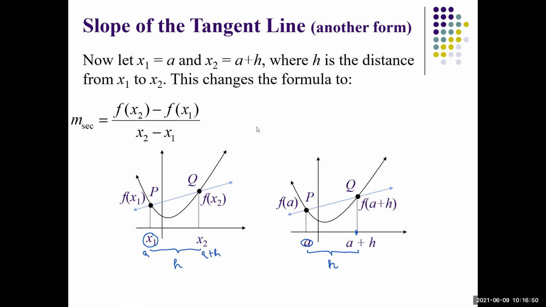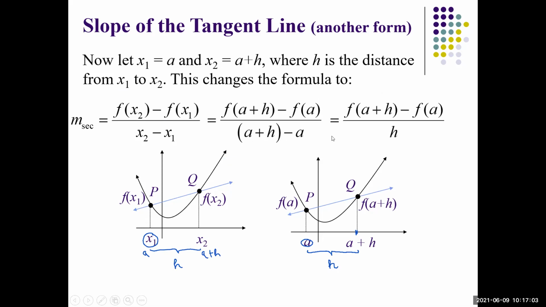When you plug in, we get the formula f of a plus h minus f of a over a plus h minus a. Notice on the denominator, the a cancels out, and we are left with f of a plus h minus f of a over h.